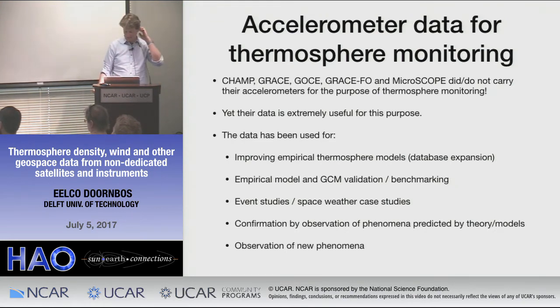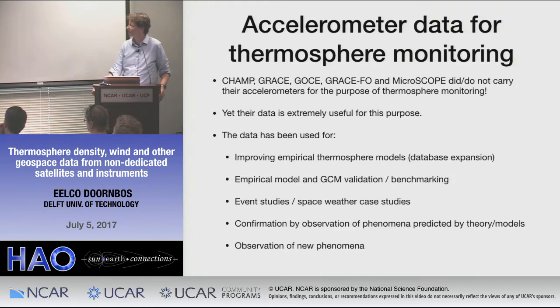But back to the thermosphere, because I think that's what most people here are interested in, the thermosphere, ionosphere. So CHAMP, GOCE, GOCE follow-on, and MICROSCOPE did not or do not carry their accelerometers for the purpose of thermosphere monitoring, but yet their data is very useful for this purpose.